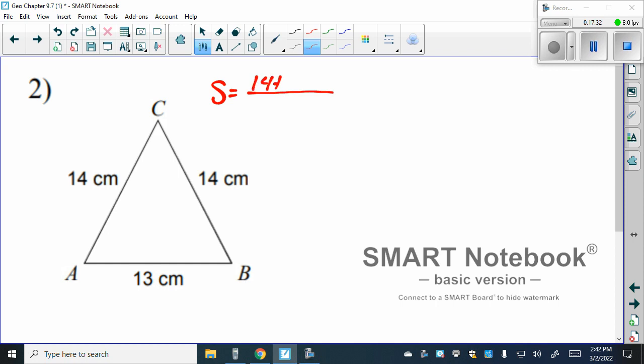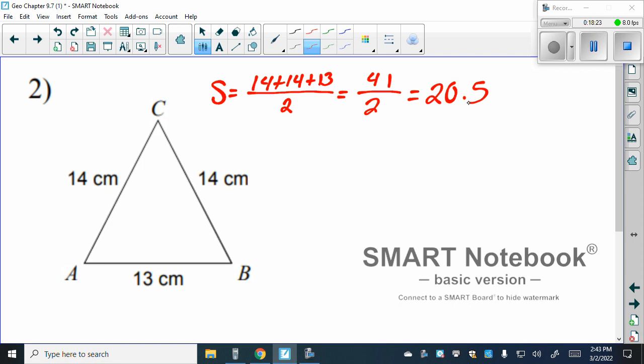So we'll have 14 plus 14 plus 13 divided by 2. It's 41, carry the 1, so 34.5. Plus 13.